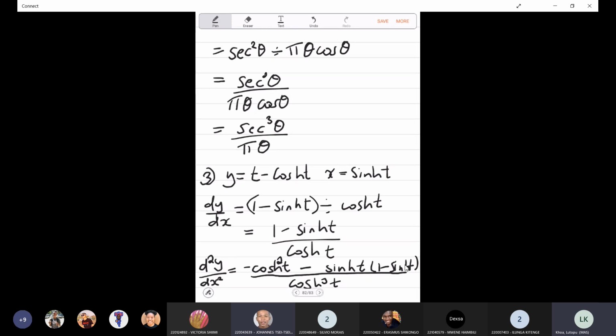I'm not dividing by x. I'm dividing by the derivative of x with respect to t. It's 1 over sine ht, right? If you multiply, how did you get 1 over sine ht? Okay, ma'am, I see now.